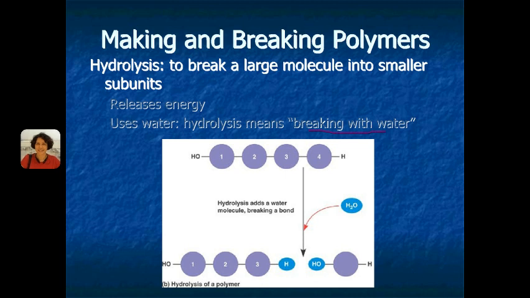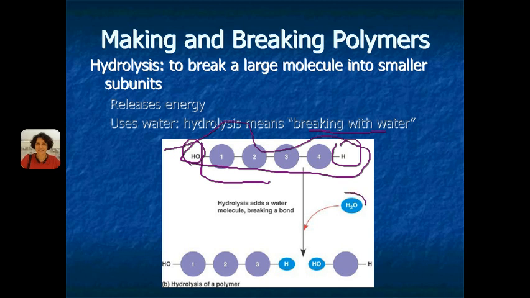If we look at the example, we see now we have the 4 subunit molecule, and it's got the hydroxyl group on one end and a hydrogen atom on the other end. Remember, those have been taken out from in between.